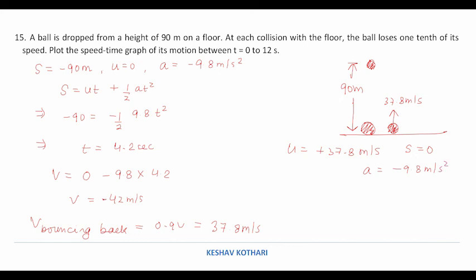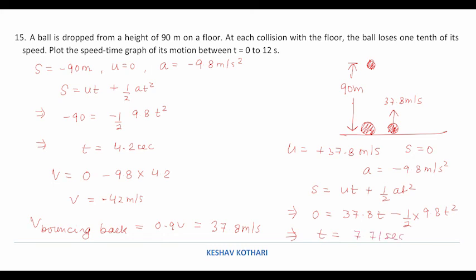So if we put the equation for this part of the graph, I say s equals ut plus half at square, and if we solve this out, s equals 0, 37.8t minus half 9.8 t square. So from here we obtain t equals 7.71 second.